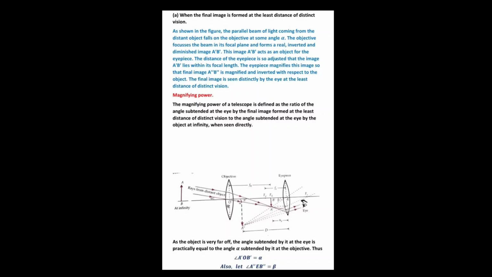Then the eyepiece magnifies this image so that the final image A'' B'' is magnified and inverted with respect to the object, and the final image is seen by the eye at the least distance of distinct vision. Now what about the magnifying power?